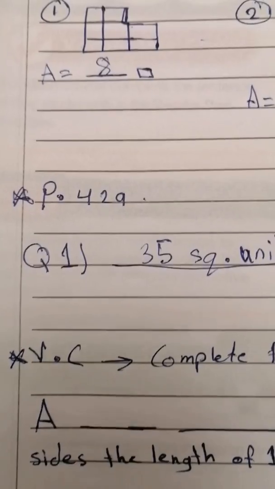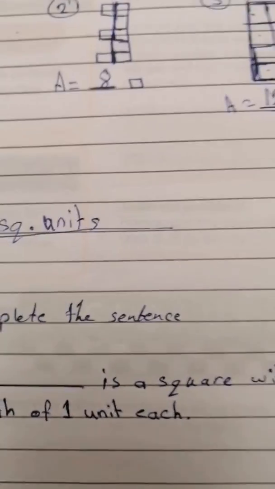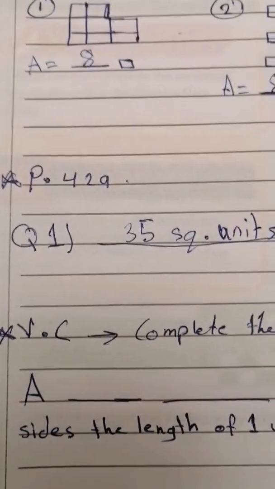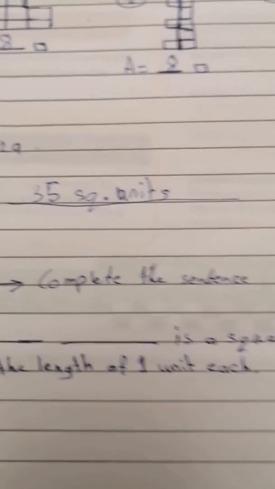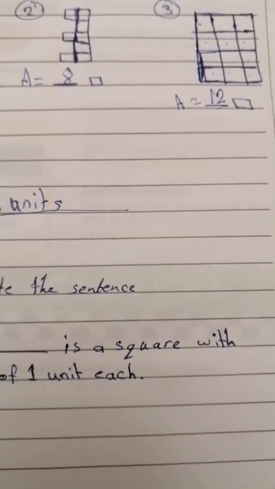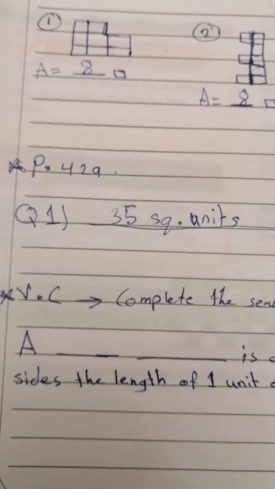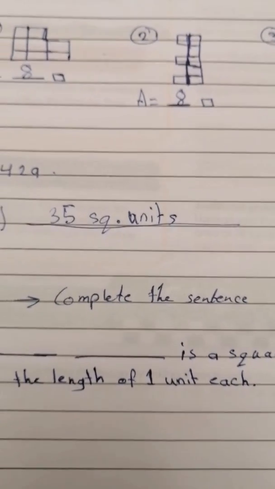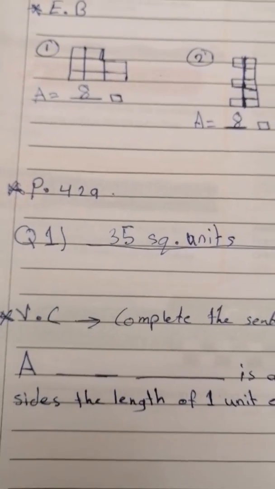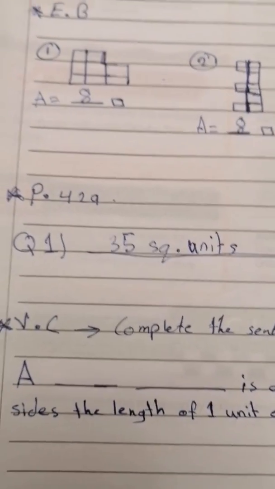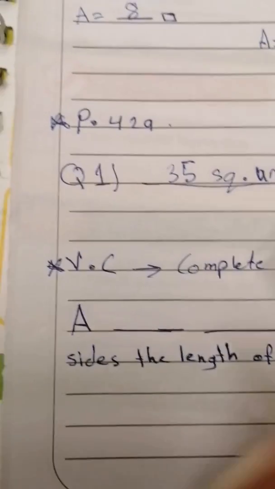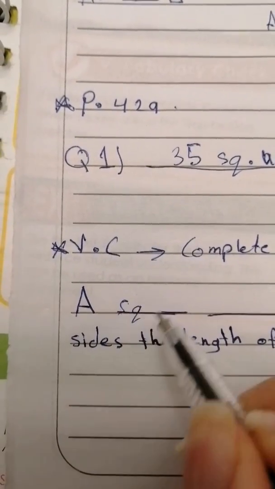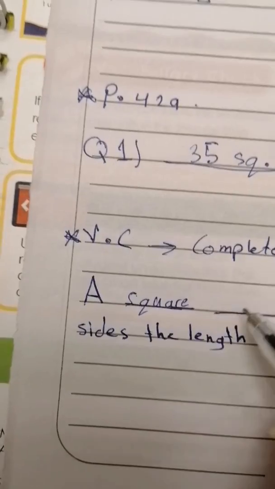Now go with me to vocabulary check. Complete the sentence. A blank is a square with sides the length of 1 unit each. What is it? With the best word, it should be a square unit.